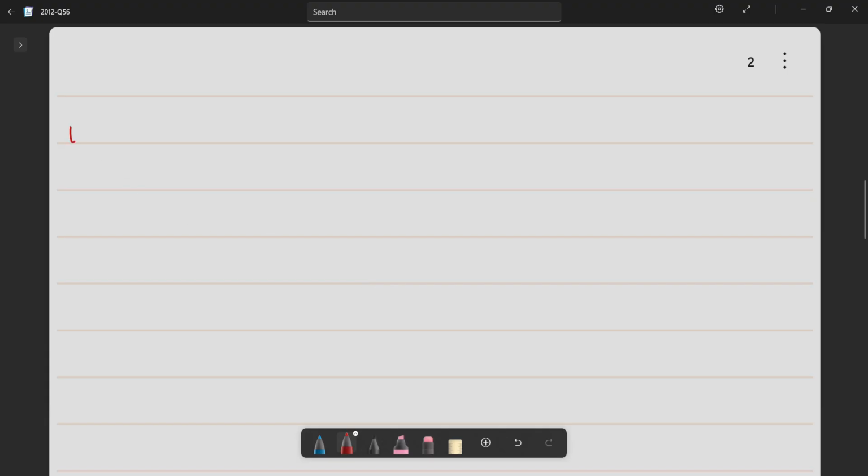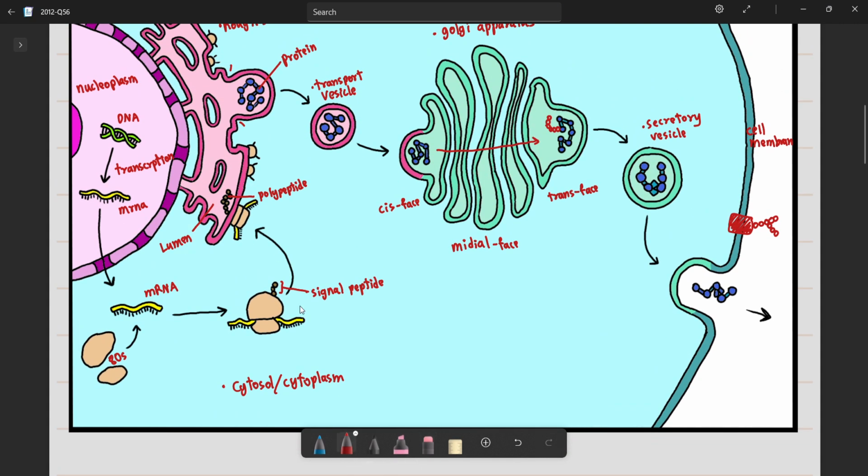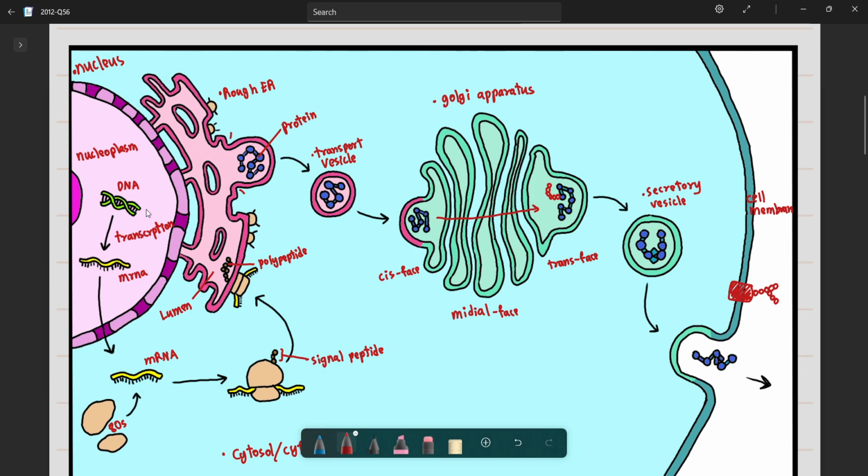First of all, the DNA is transcribed into mRNA. This mRNA exits the nucleus through the nuclear pore and goes into the cytoplasm. So, a very short, simple summary. The DNA is transcribed into mRNA.